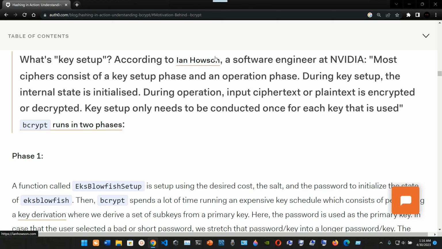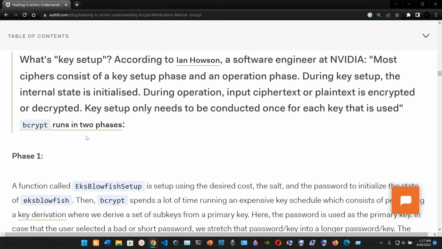According to Ian Hasson, a software engineer at NVIDIA, most ciphers consist of a key setup phase and an operation phase. During the key setup, the internal state is initialized. During operation, input, ciphertext and plaintext, is encrypted or decrypted. Key setup only needs to be conducted once for each key that is used.